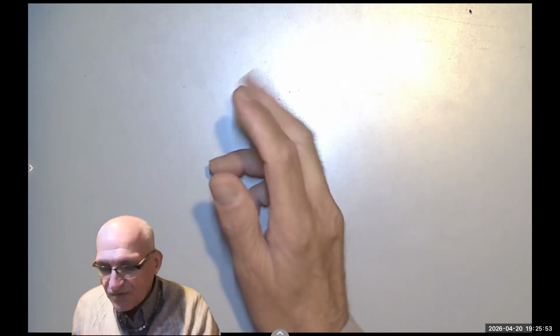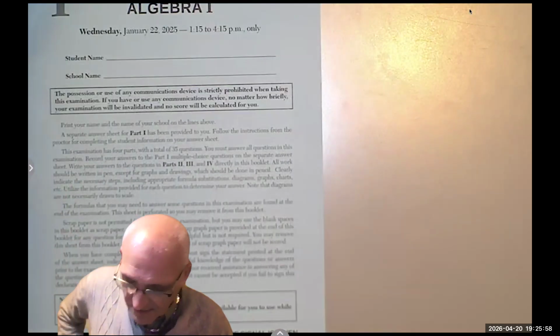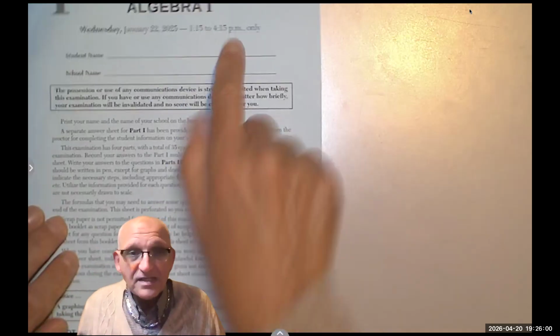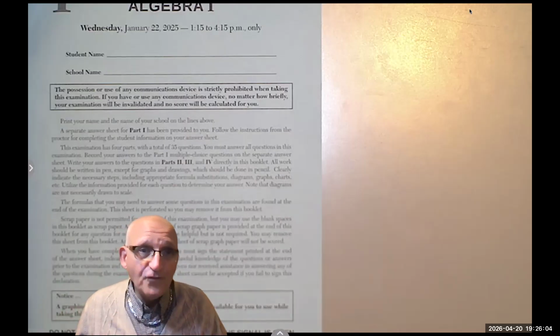In today's session, I will start going over a Regents exam for Algebra 1 in New York State. The one I have today is from January 22nd of last year. It's a 3-hour test, and it has 4 parts.